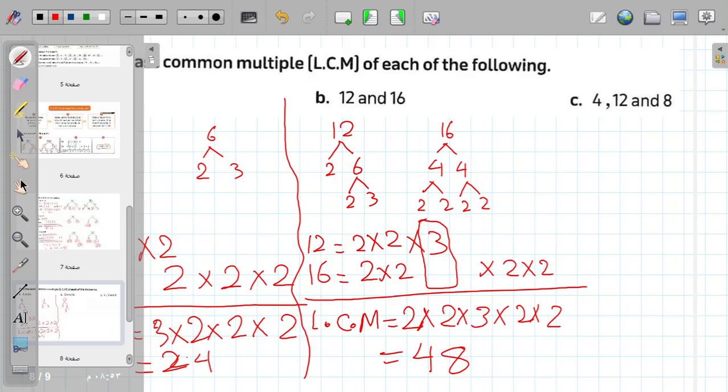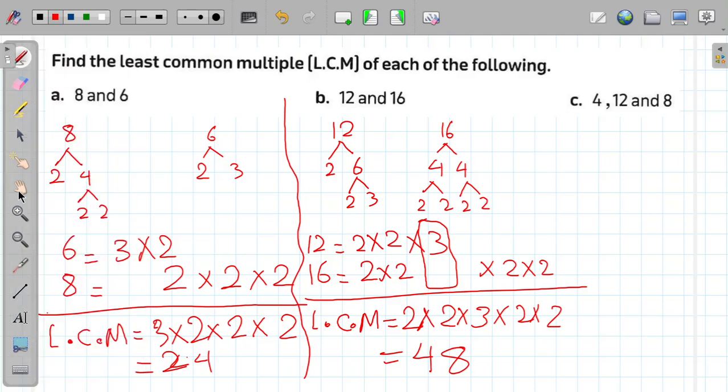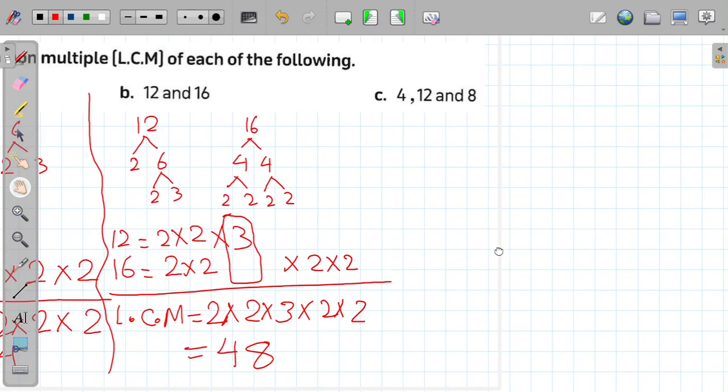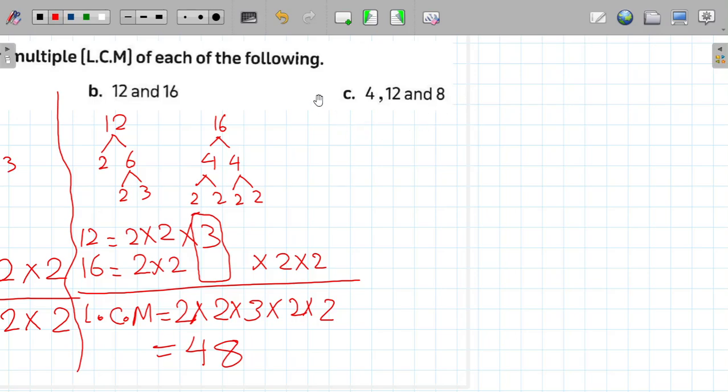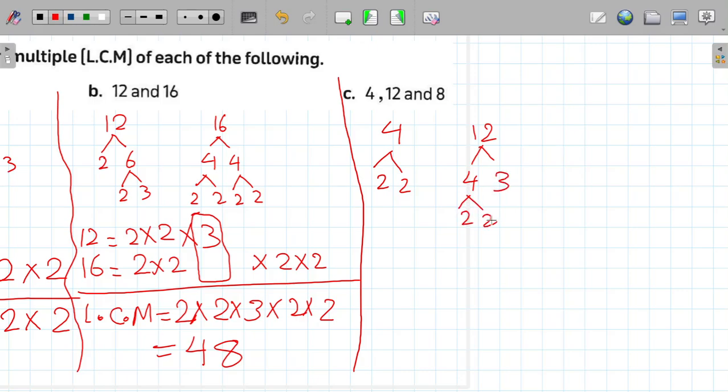Next, I have 4, 12, and 8. So I will factorize the three numbers together. The first number I have 4. 4 equals 2 by 2. The second number I have 12. 12 equals 4 by 3 and 4 equals 2 by 2.